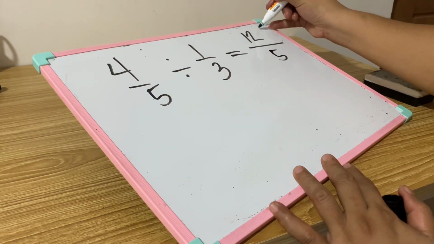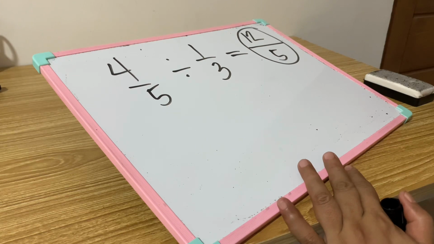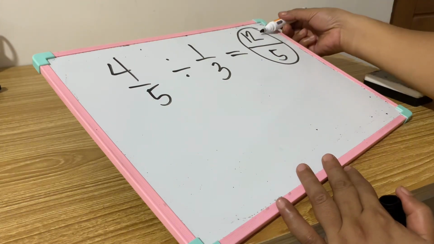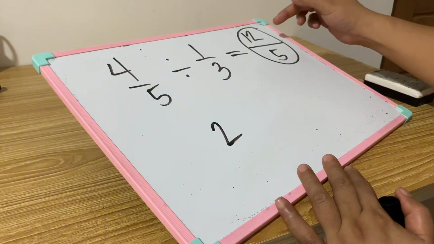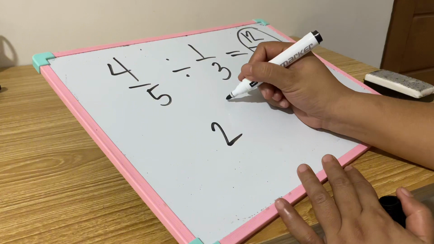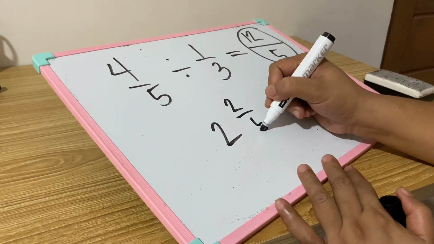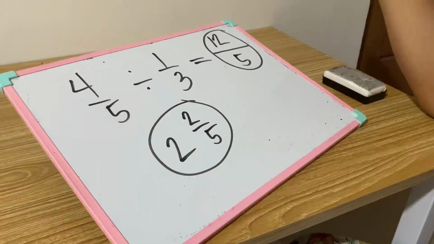So, again, our answer is an improper fraction. Therefore, 12 divided by 5 is 2, and the remaining fraction is 2 over 5. So 2 and 2/5. Very easy.